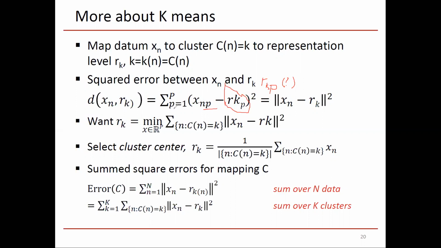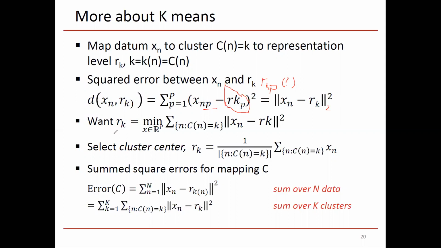So we are summing over the squared error per dimension. Another way to write this is the squared L2 norm between the vector xn, which is a p-dimensional patch, and the vector rk, which is a p-dimensional patch. Again, it's a vector in our dictionary of cluster centers.